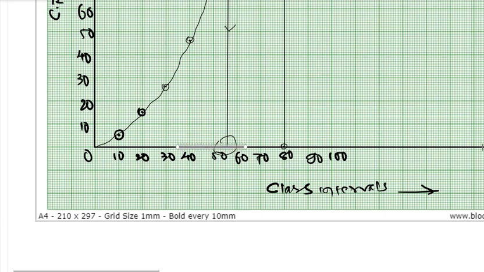From here I will draw a line which will go straight, meet the ogive over here. Okay, I will give an up arrow over here.